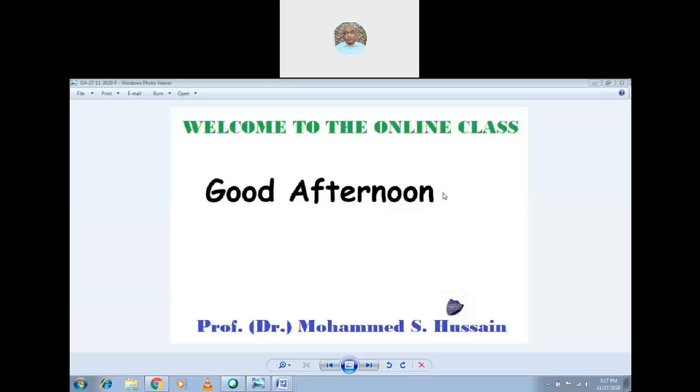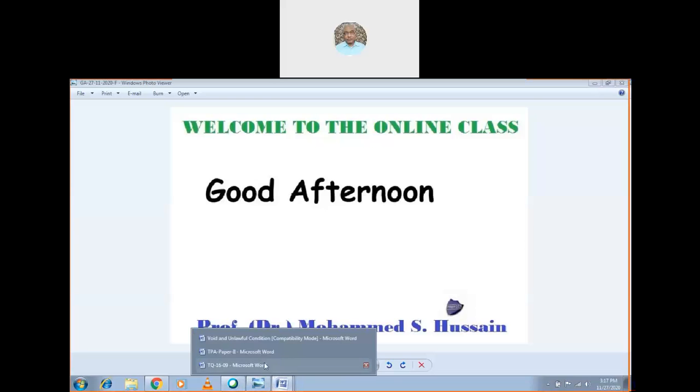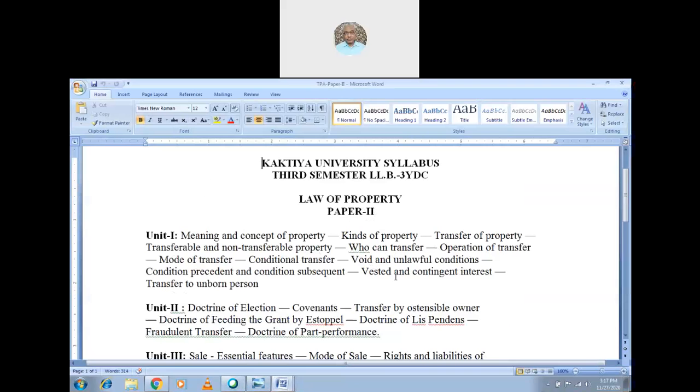Very good. And as I told you, if you see the TPA syllabus, we cover the meaning and concept of property and the kinds of property. We also cover transfer of property, section 5, transferable and non-transferable property, section 6, who can transfer, the competency to transfer, then the operation of transfers.